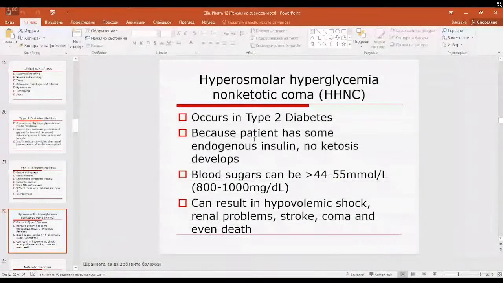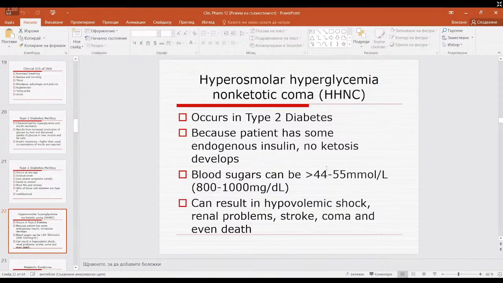They're able to produce insulin after all. No ketosis develops, but the blood sugar levels can be over 40 or even 50 moles per liter, and this means over 800 to 1000 milligrams per deciliter. So more than 10 times the normal levels of blood sugar.